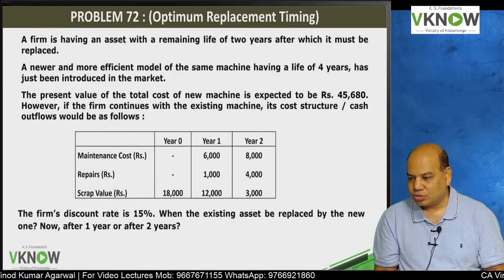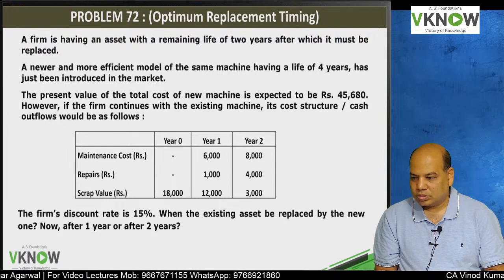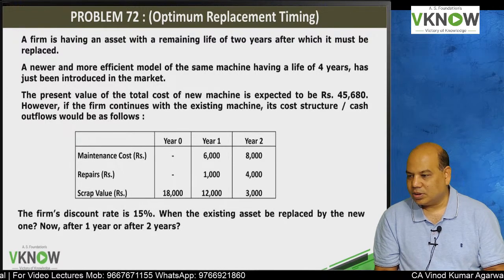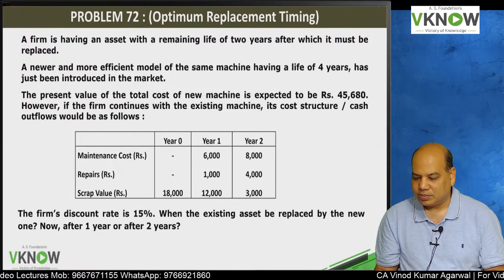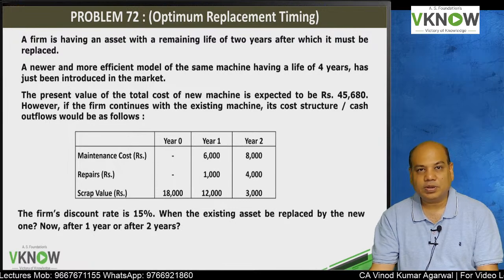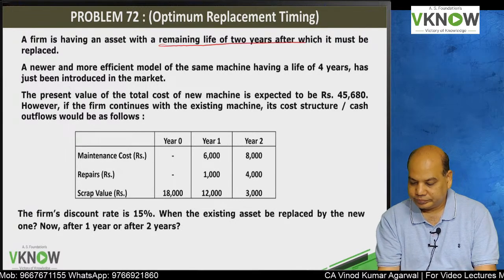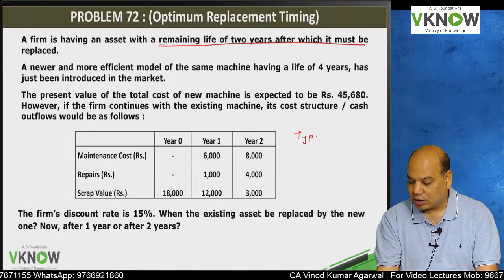Question number 72. A firm is having an asset with a remaining life of 2 years, after which it must be replaced. Now this is the replacement of an existing asset. This is a second type of problem, type 2 problem.